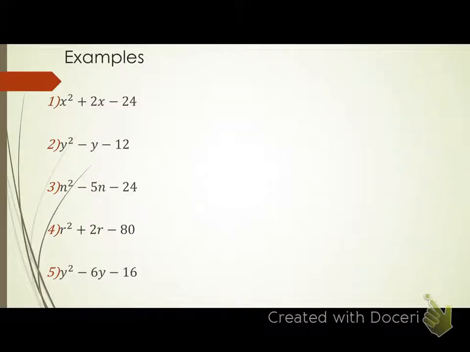Examples 1 through 5. We have x squared plus 2x minus 24. We're still going to treat it the same way we did yesterday. We're going to make our two sets of parentheses. Fill in our variable. What's our variable here?